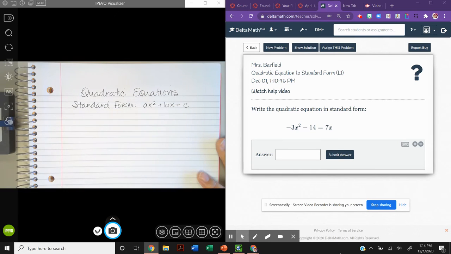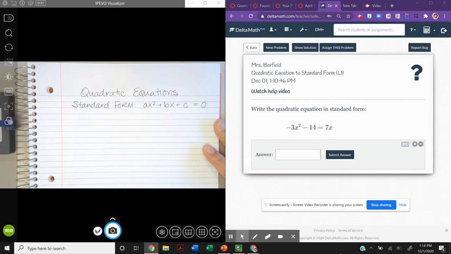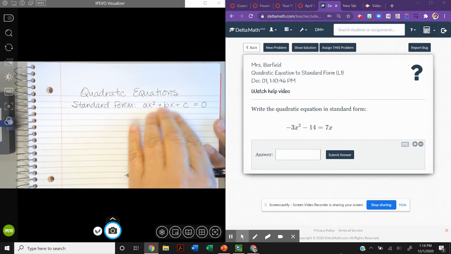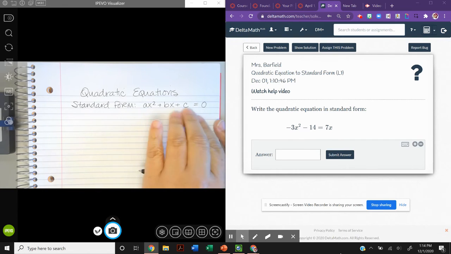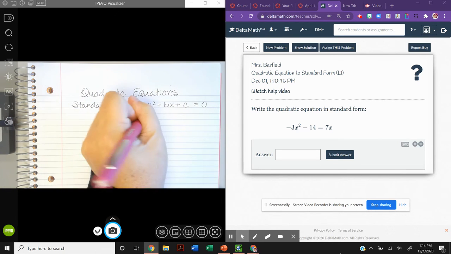And if it's in an equation, it equals 0. So we need it to be ax squared, so the x squared term is first, the x term is in the middle, then the c, and then equals 0.